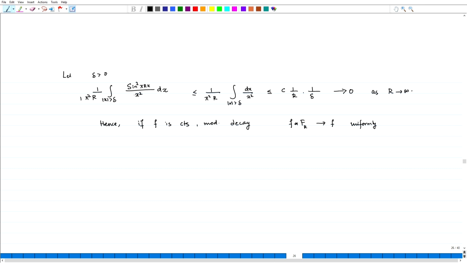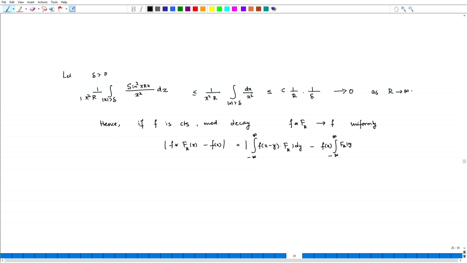Exactly, if we follow the same method, just to recall what it is. So, f convolution F_r of x minus f of x, we can write that this is the integral of f of x minus y, F_r of y dy, minus f of x times 1, and in place of 1, I can write the integral of F_r.